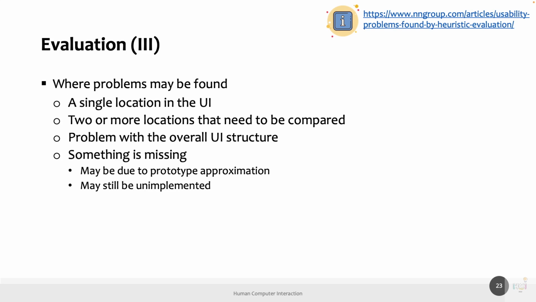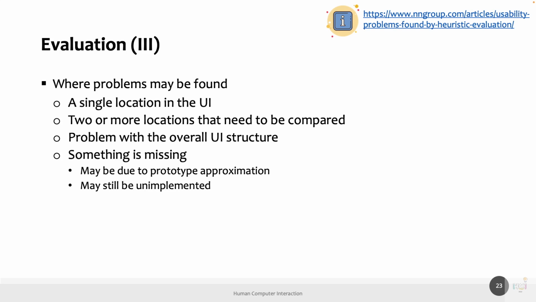We can also have problems in 2 or more locations that need to be compared. For example, the designer is using different labels for buttons that provide the same functionality. Maybe in the home page there is a button with the label search, and in another page there is a button with the label find. Is find the same as search? Who knows? So, inconsistencies in the labels, for example.